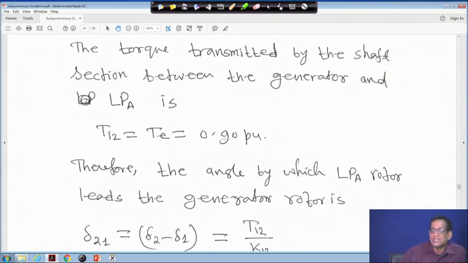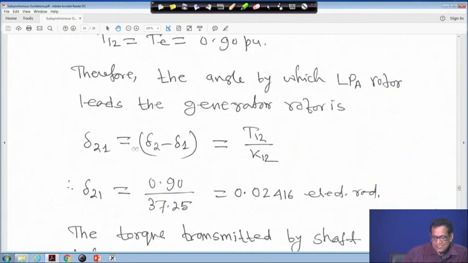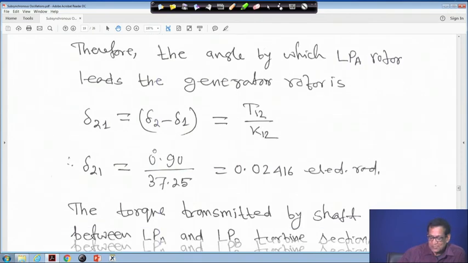Therefore, the angle by which the LPA rotor leads the generator rotor is delta 21 equal to delta 2 minus delta 1 equal to T12 upon K12, because we know T12 is equal to K12 into delta 2 minus delta 1. Therefore delta 21 will be 0.9 divided by 37.25, so it will become 0.02416 electrical radian, right.